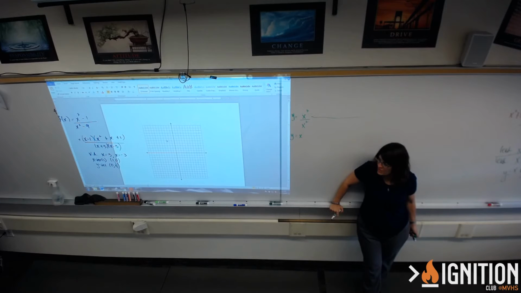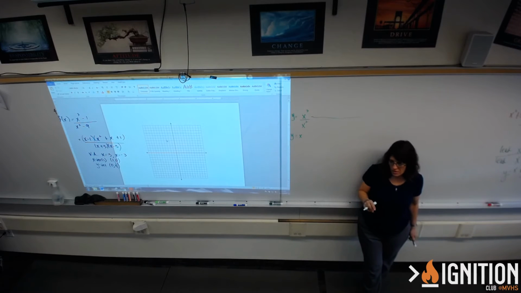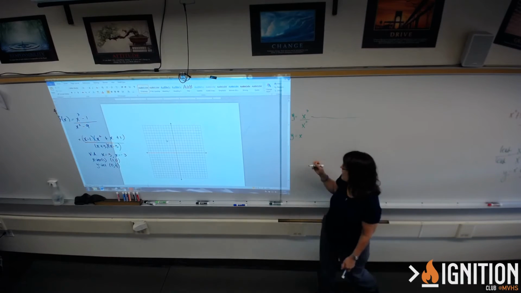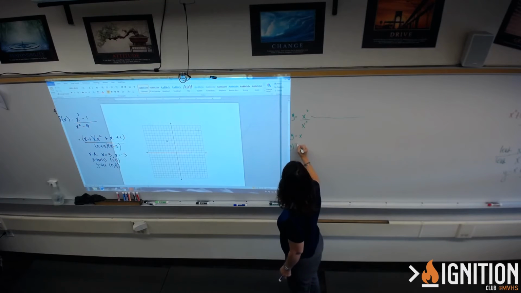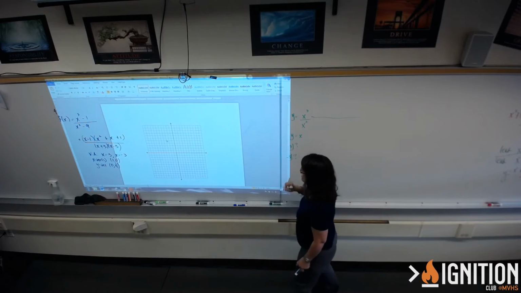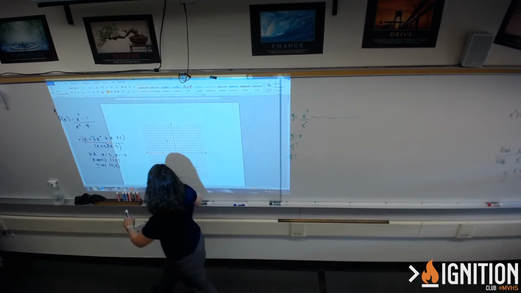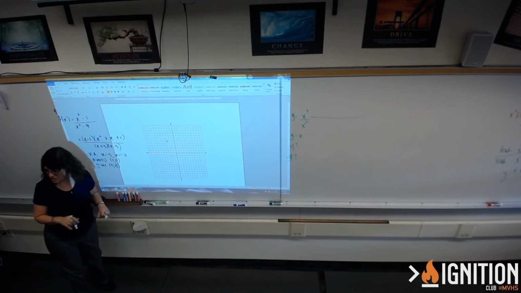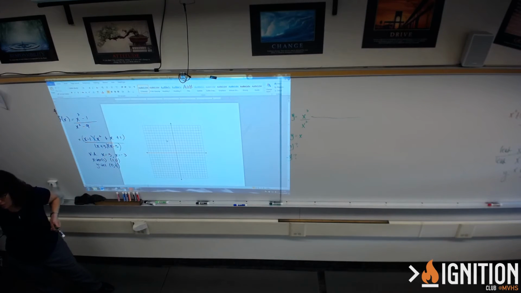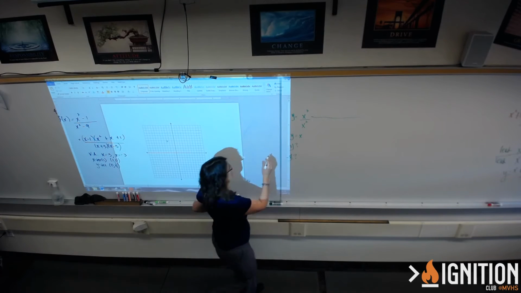There are 2 vertical asymptotes. So if you're going to do synthetic, should I use 3? Should I use negative 3? Which one should I use for synthetic division? You don't know. You have to long divide.